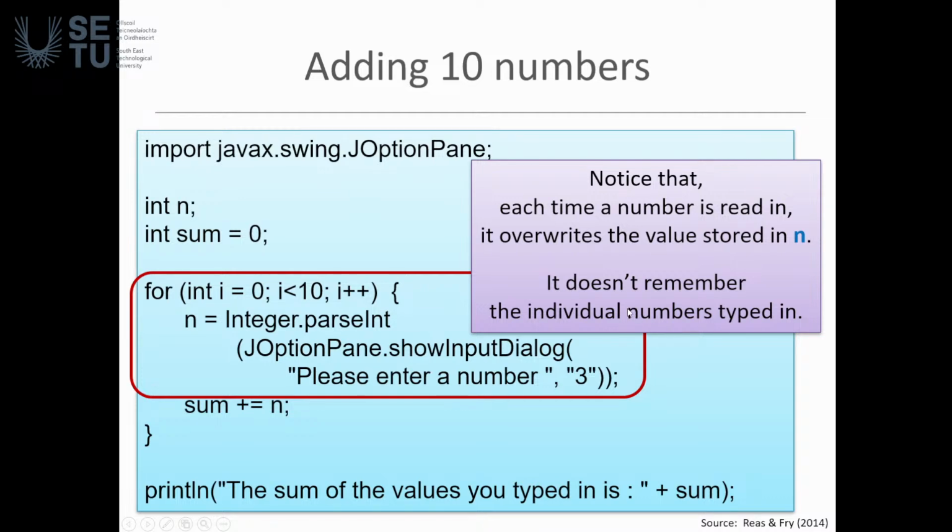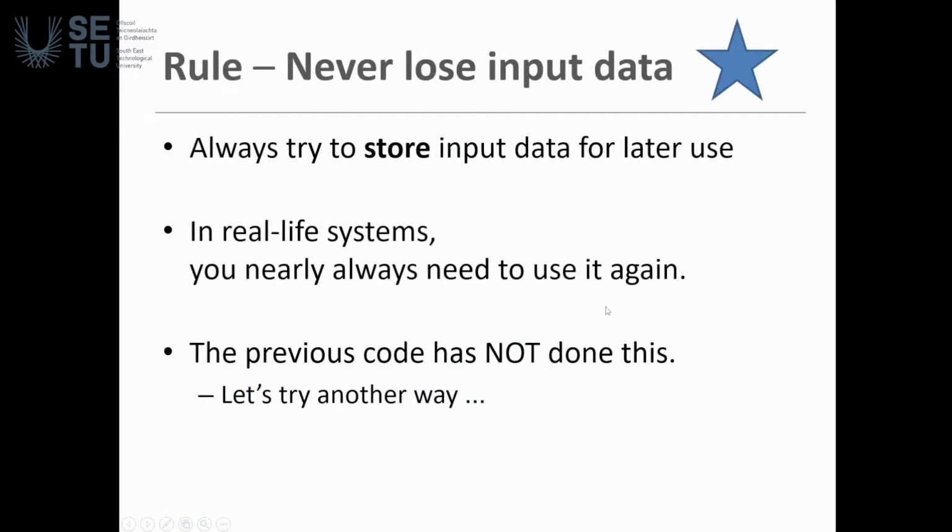So that might be what you want, but in a lot of cases it isn't. We want to keep a history of the information that's been input. So we're going to introduce this rule, and our rule is never lose input data. So we always try to store the input data for later use. In real life systems, we nearly always use it again.